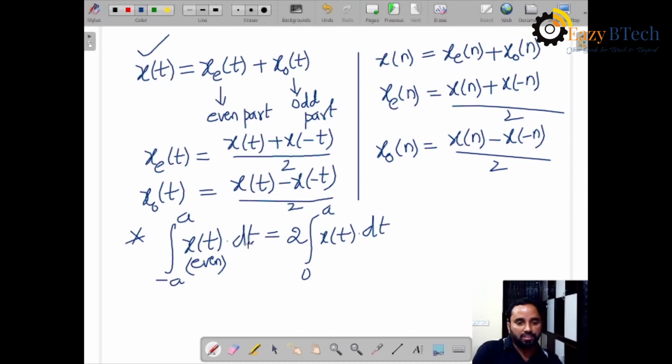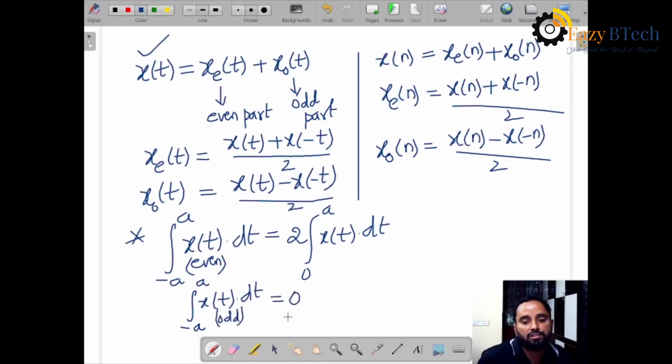Suppose x of t is an odd function. Then what happens to the integration from minus a to a of x of t dt? If x of t is an odd function, then this integral is equal to 0. So very, very important, remember. Even and odd functions.